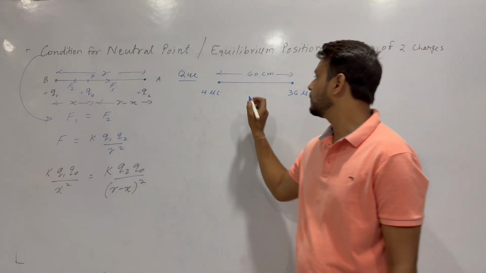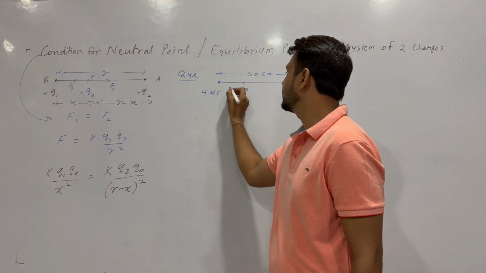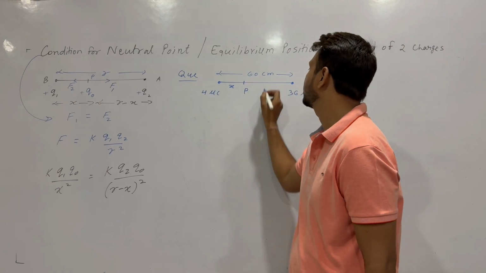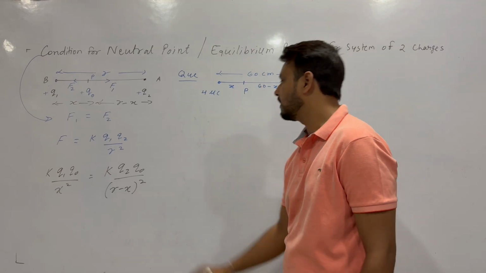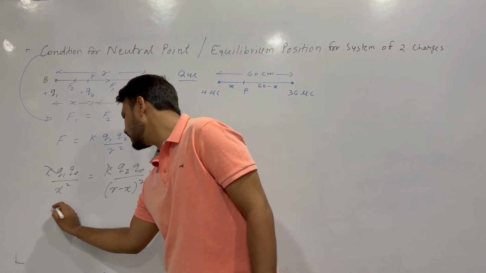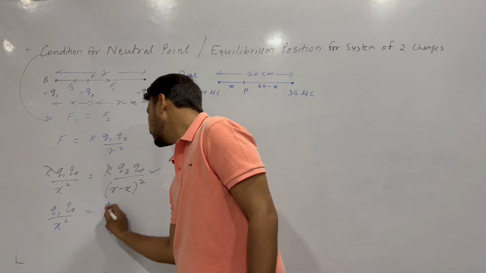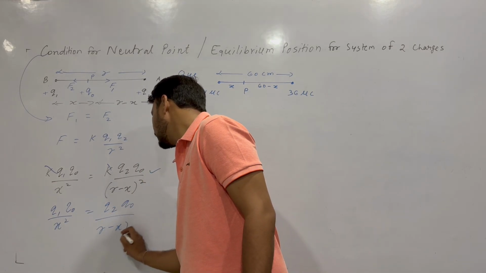So let's say from the smaller charge, the point P is the neutral point, and the distance from here is X, so the remaining distance will be 60 minus X. Now using this equation, K and K cancel, and we can write Q1 Q0 divided by X square equal to Q2 Q0 divided by R minus X whole square.